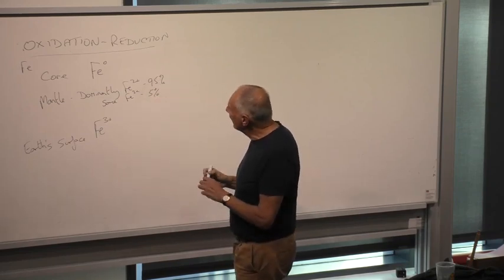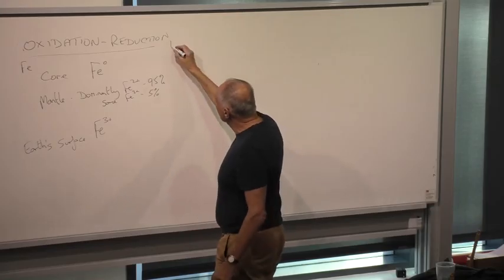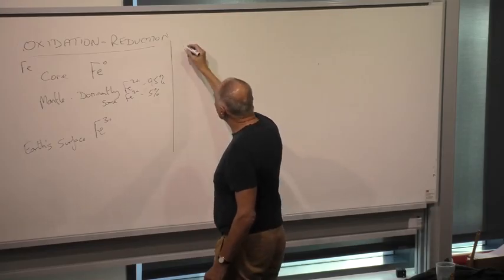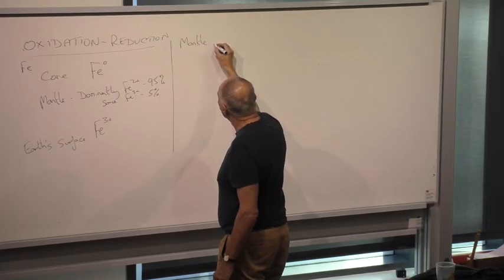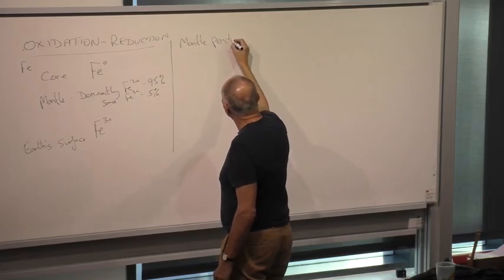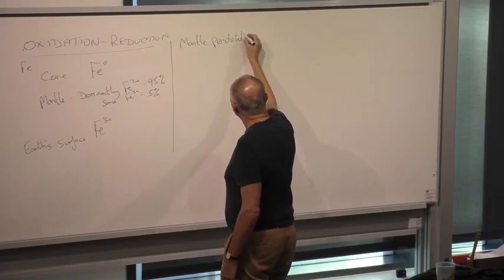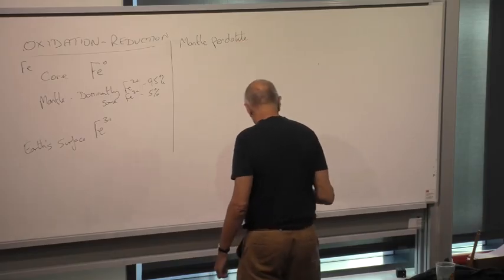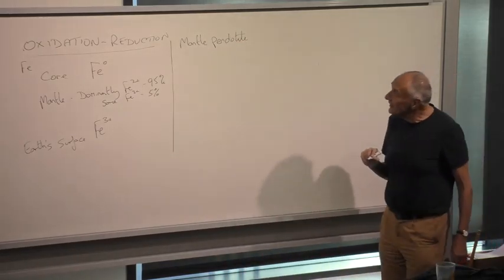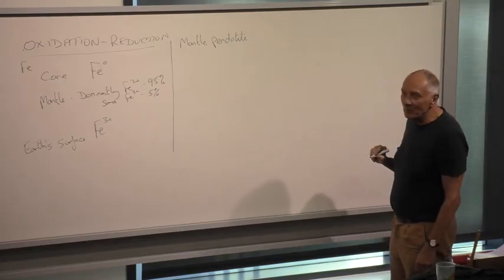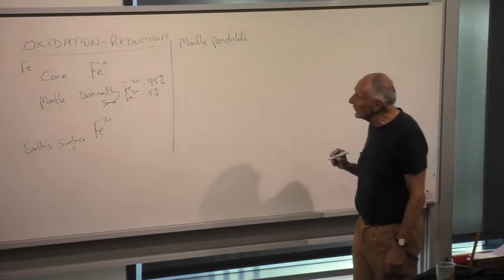And the way we do that in the mantle peridotite, this was a research topic I spent several years on in the 1980s, and it keeps coming back. People are still very interested in it.